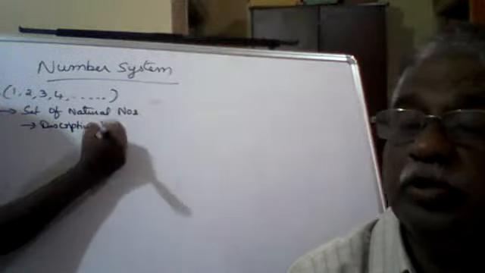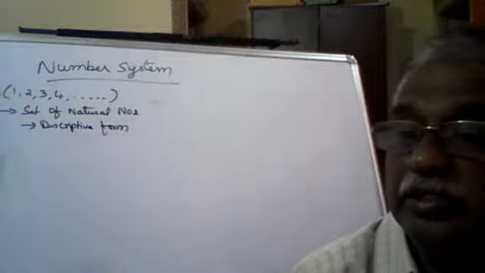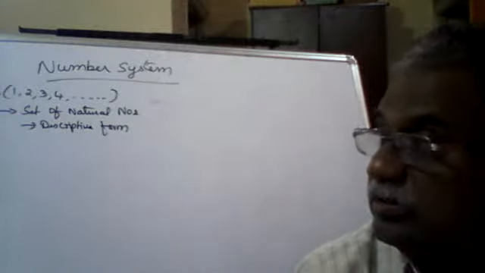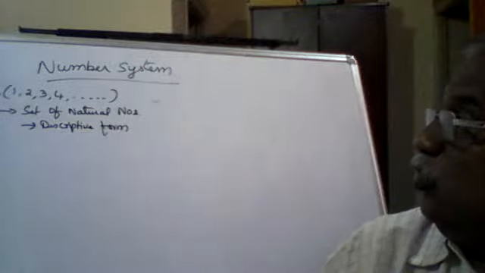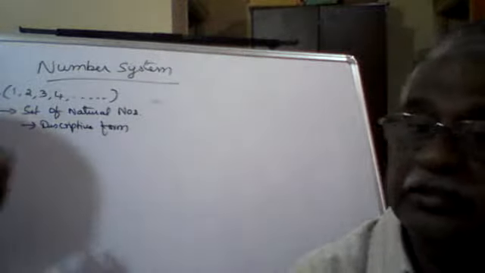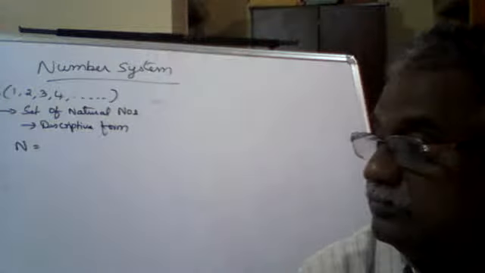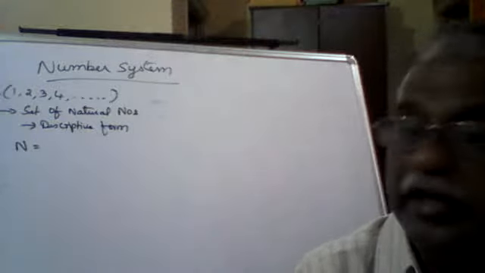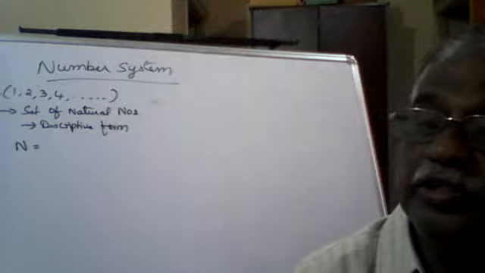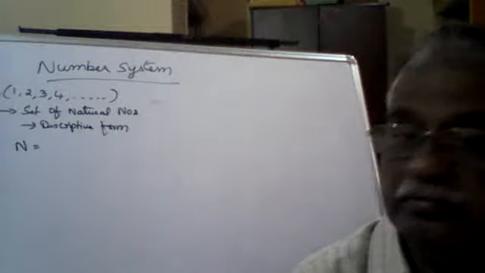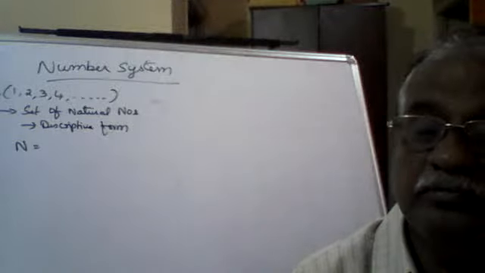So 1, 2, 3, 4, 5, 6 are called natural numbers. It's also called descriptive form. Again write capital N equal to 1, 2, 3, 4, 5, 6. One minute.